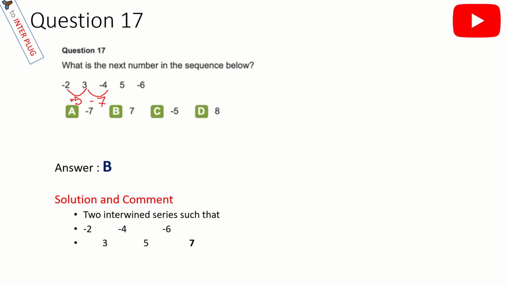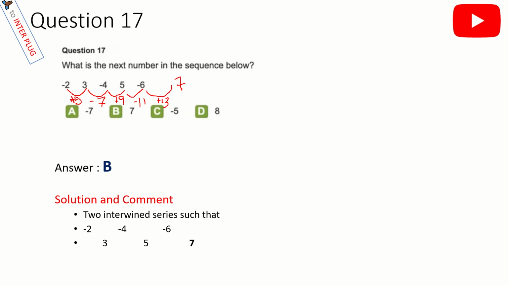The distance between this, 5 minus -4, is +9. The distance between this is -11. Definitely the distance between this and the next should be +13, and if you add 13 to this, you should have 7. That's one way you can go about it. You see that 5, 7, 9, 11, 13, but you're also alternating the signs.